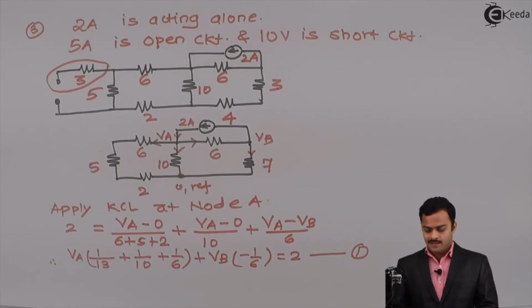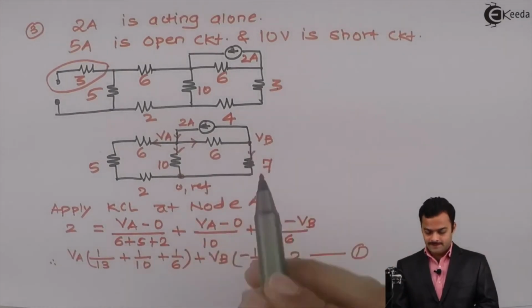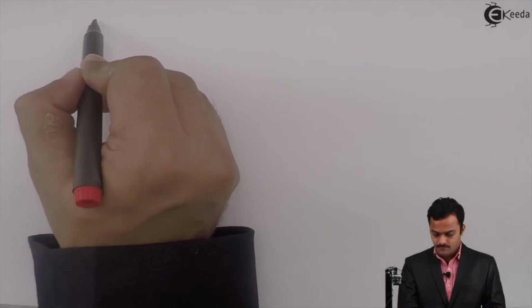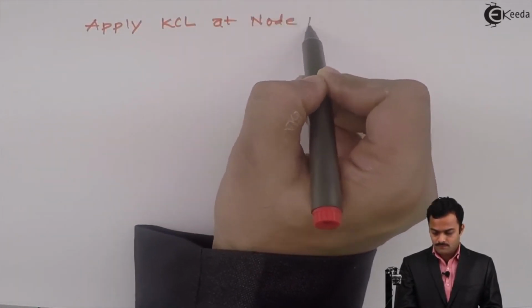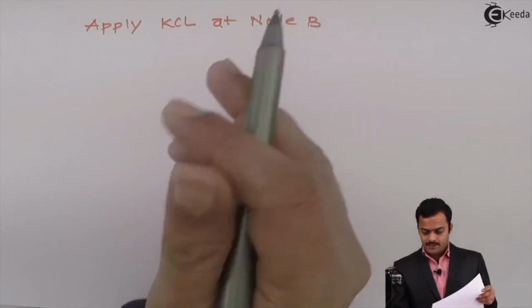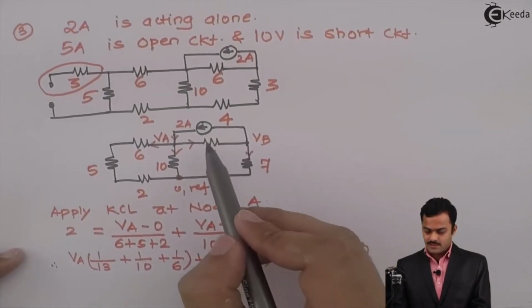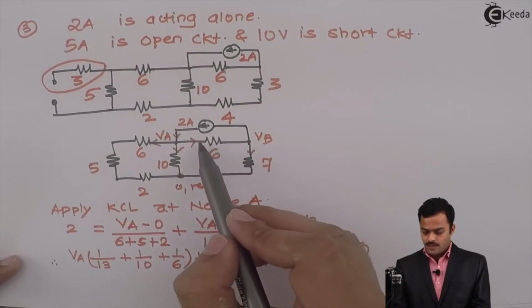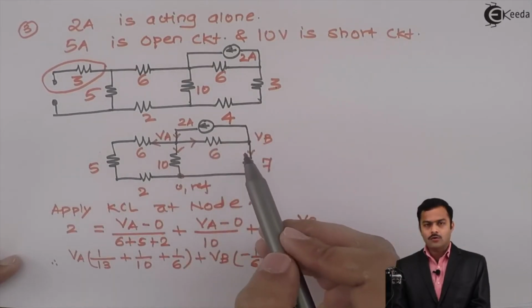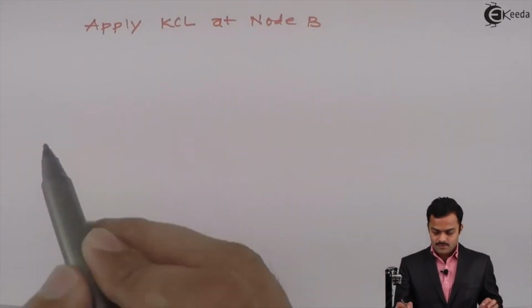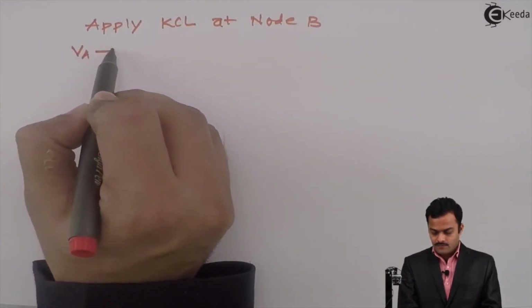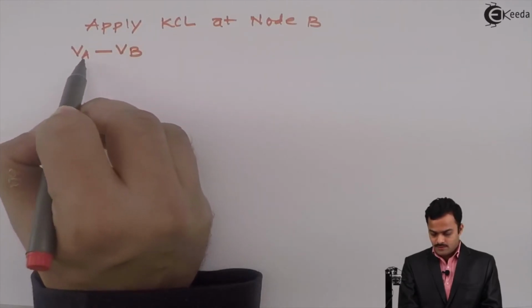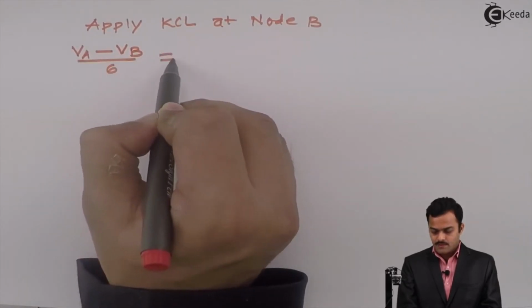Similarly, I can apply KCL to node B. So at node B, I am having 3 branches. Out of that, 1 is incoming and 2 are outgoing. So for incoming branch current, the equation is (VA minus VB) divided by 6.